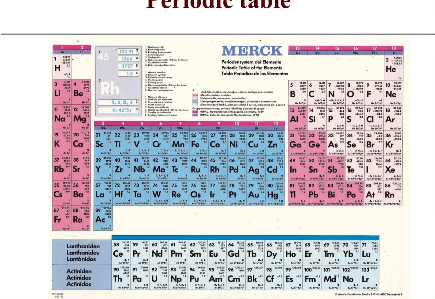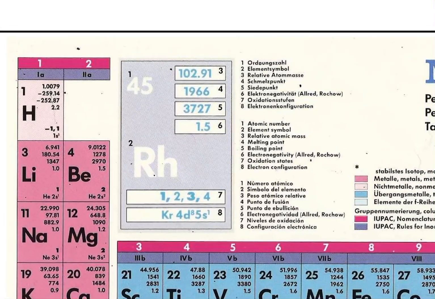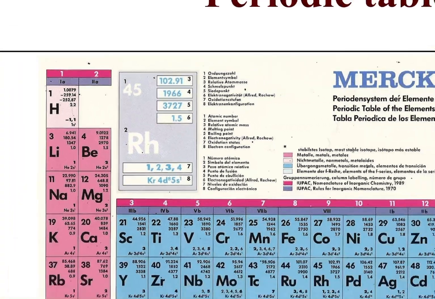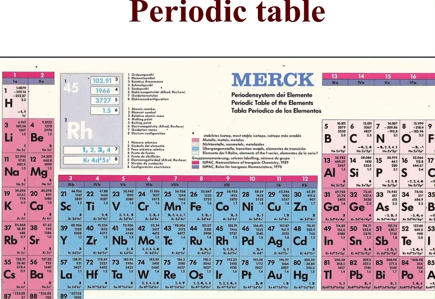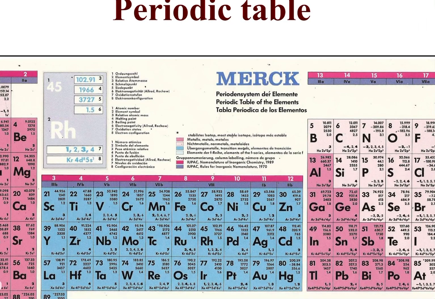As you see in the periodic table, I start from here. We can count groups from here, 1, 2, then start from the transition metals and continue with the p orbital filling.